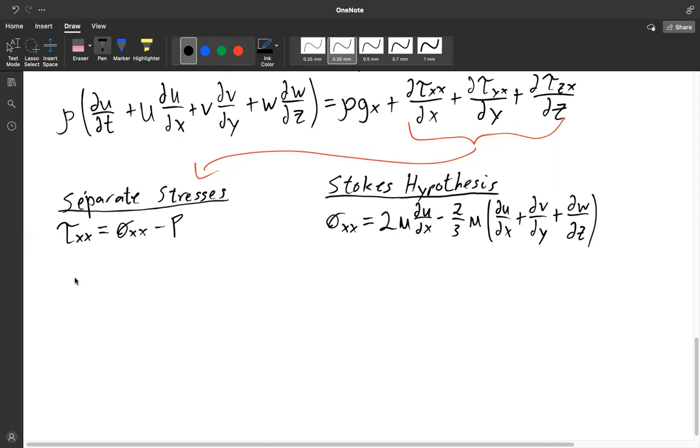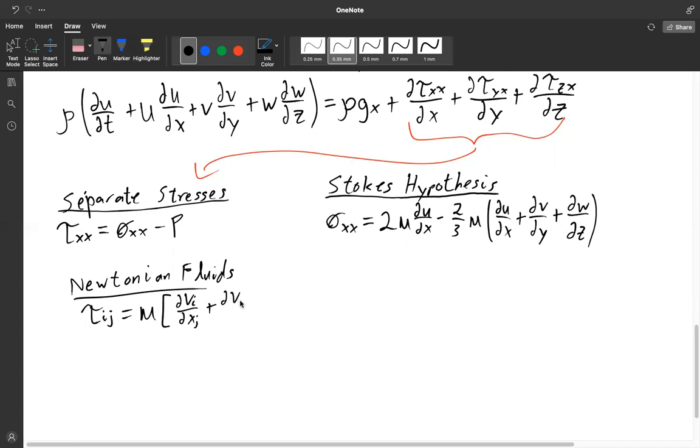Also, for Newtonian fluids, we have tau ij equals mu times partial vi partial xj plus partial vj partial xi.